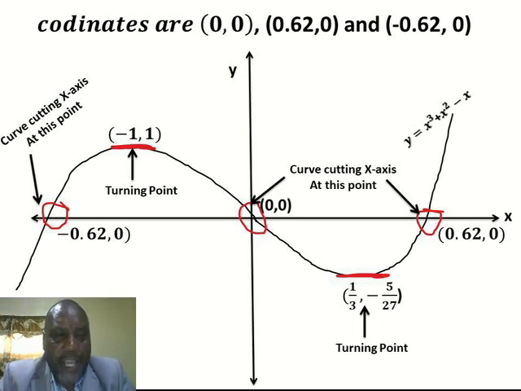At the beginning, the curve is cutting the x-axis at negative 0.62, it's also cutting the x-axis at 0, and it's also cutting at positive 0.62, and the y-intercept is of course 0. And now the turning points are negative 1, 1, and a third, 5 over 27.